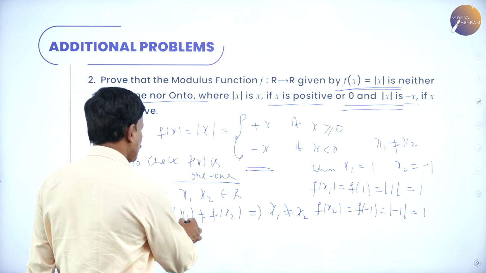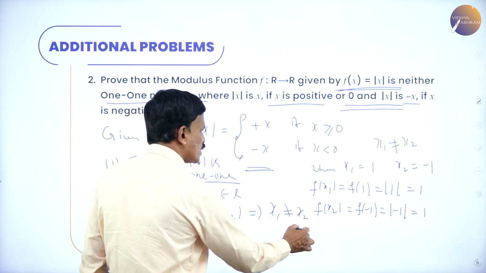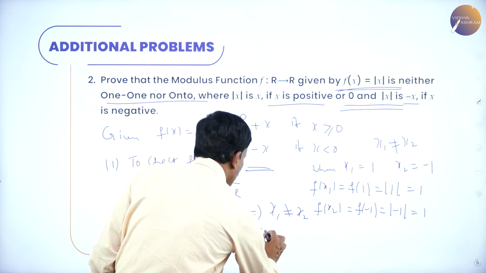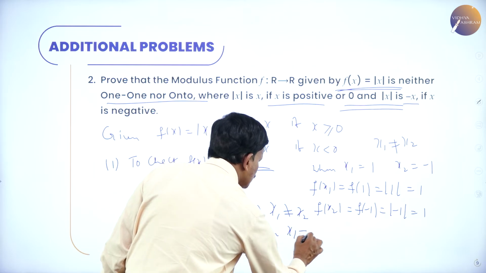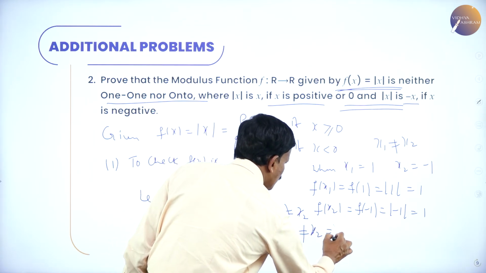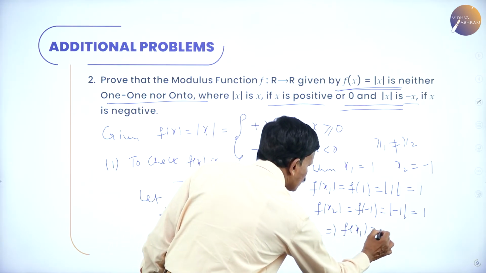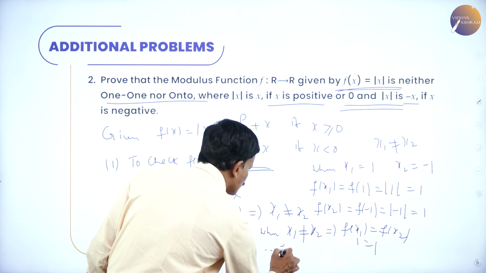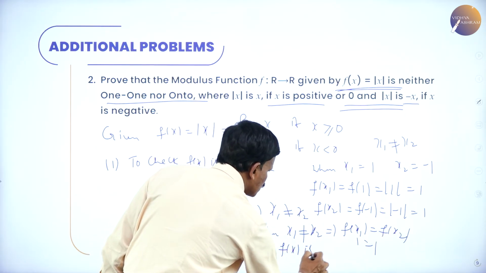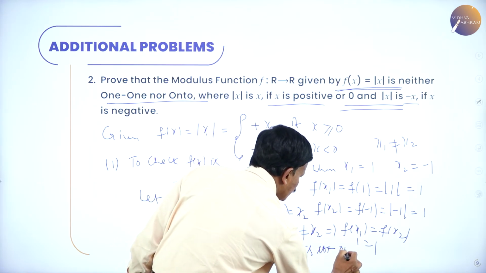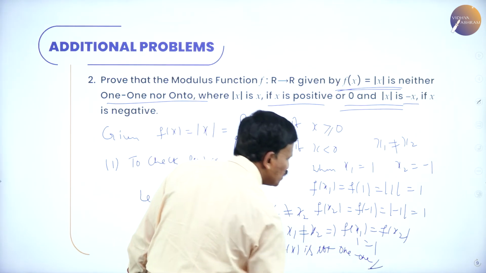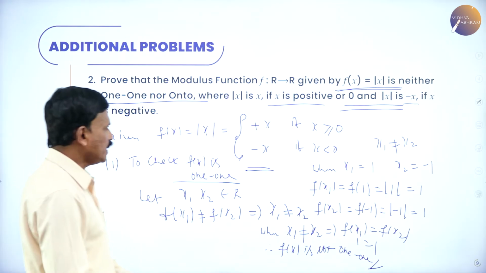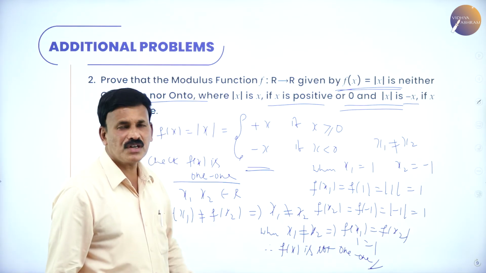So when x1 is not equal to x2, f of x1 is equal to f of x2, that is 1 is equal to 1. Therefore f of x is not one-one, so the modulus function is not a one-one function.